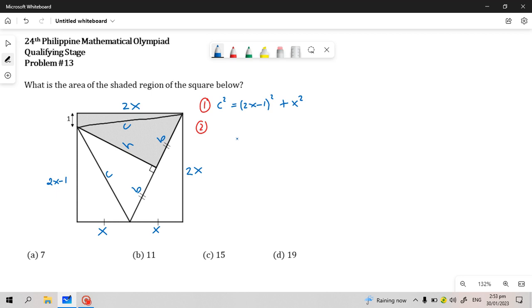And then another equation that we can have is from this right triangle on top. I'll shade this with red to make the discussion more convenient. And then I'll shade the other triangle with green.